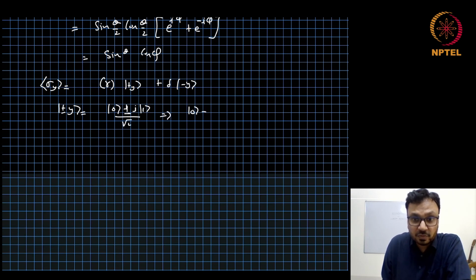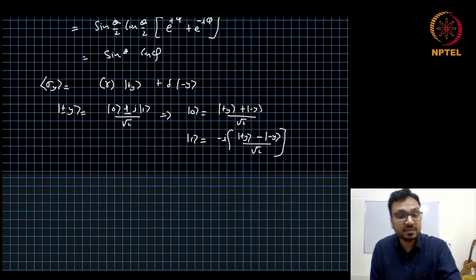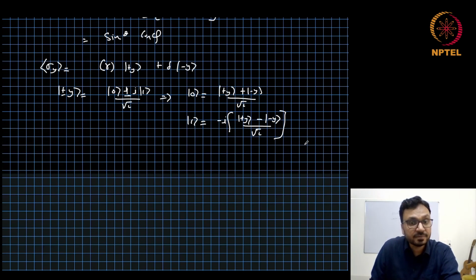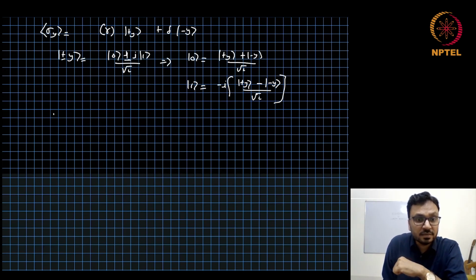We can write 0 as (plus y plus minus y) over root 2 and 1 as minus i times (plus y minus minus y) over root 2. We can again substitute it in psi, and write psi in the basis of sigma y, and then gamma mod square minus delta mod square will be our expectation value, and it will come out to be sine of theta sine of phi.